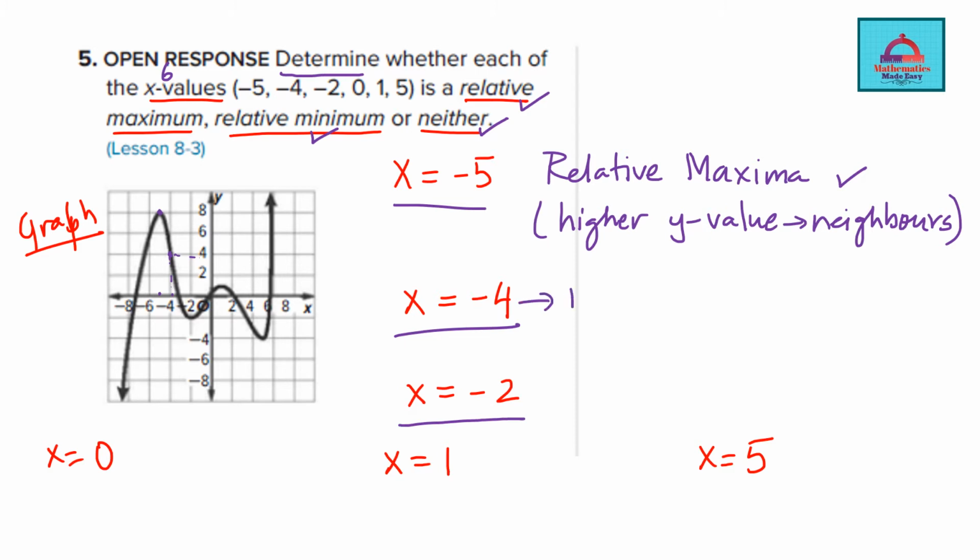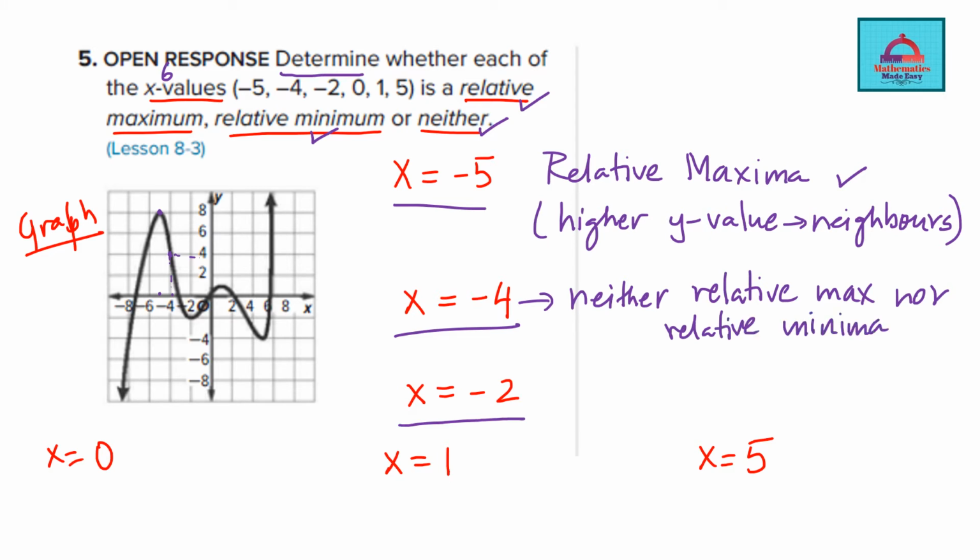So we could easily put it in the category neither relative maxima nor relative minima. There's no change of direction happening and the graph continues to decrease at that point. That's the reason why we say that.